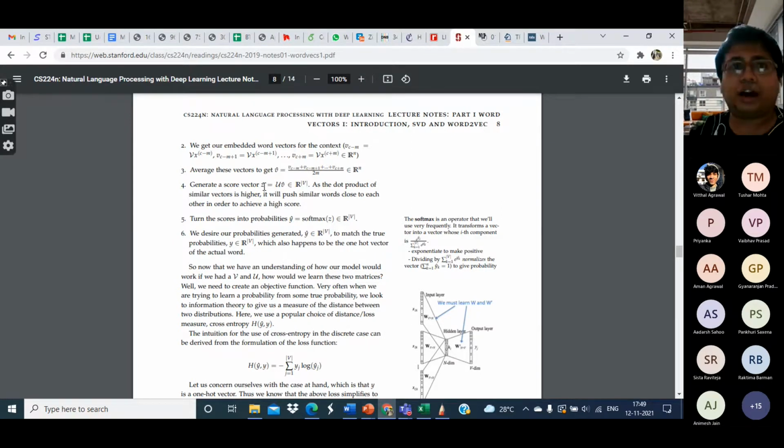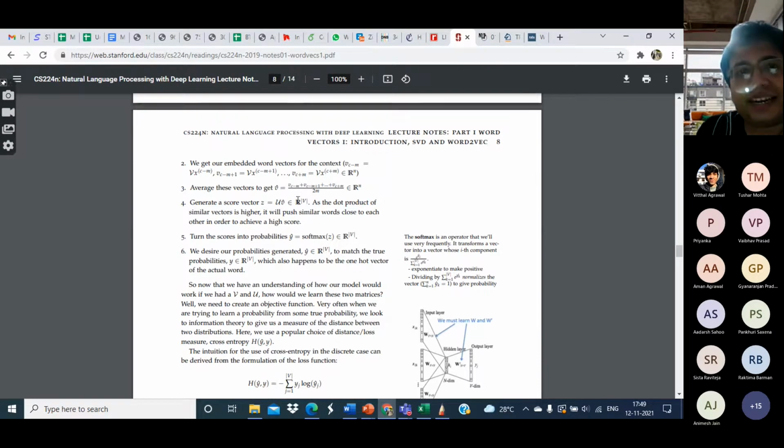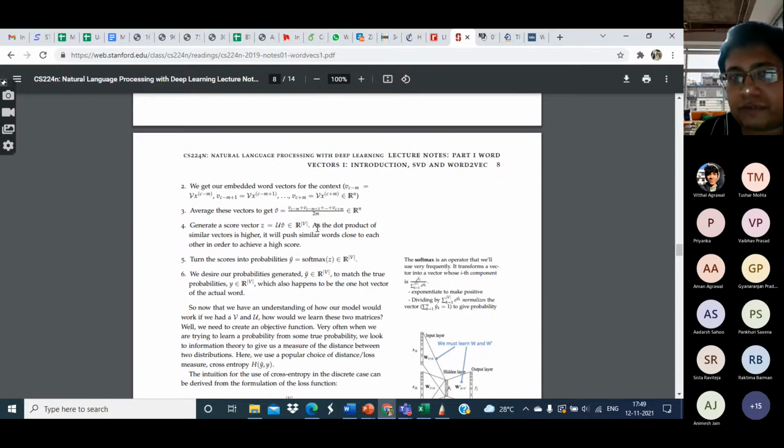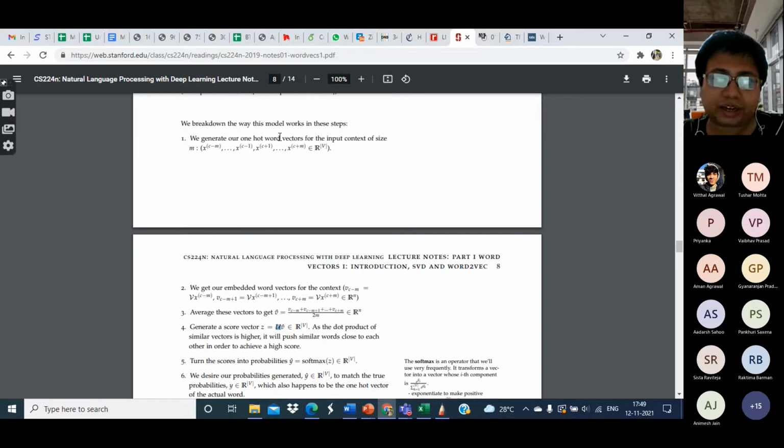Now this vector is basically something like a score vector. Remember what V is: V is the vocabulary size, and what this score vector is giving you is basically the probability that each of the words in your vocabulary will appear in the context which we are considering.